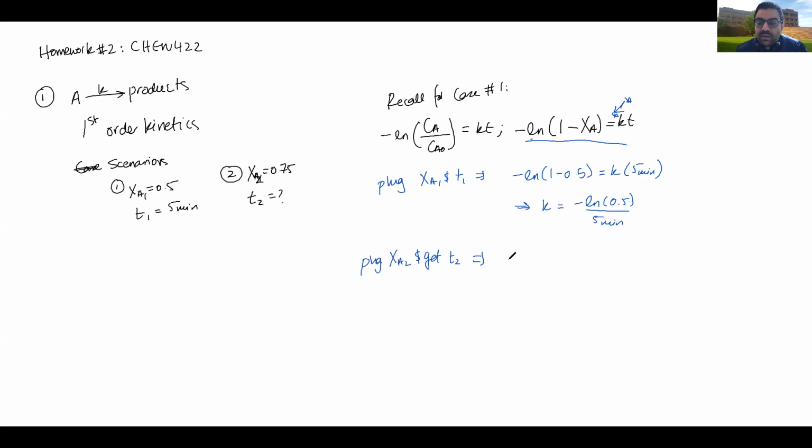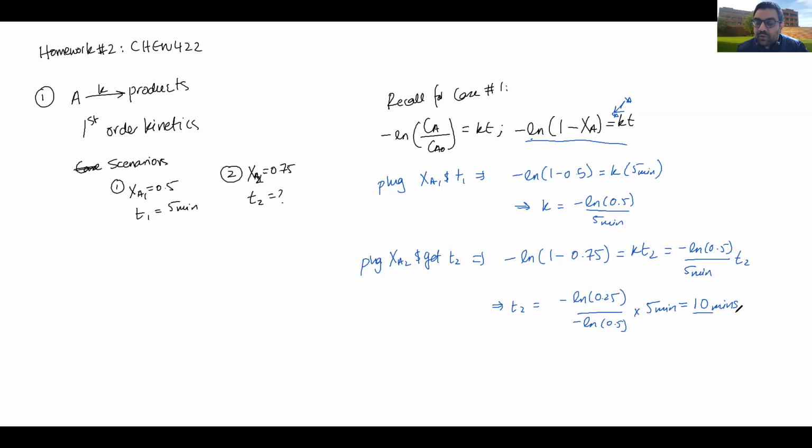So in this case, minus ln 1 minus XA2, which is 0.75, is equal to K T2. And K is minus ln 0.5 divided by 5 minutes. So you can solve for T2 to get minus ln 0.25 divided by minus ln of 0.5 multiplied by 5 minutes. And this fraction is basically equal to 2. So you're going to get 10 minutes for T2, right?